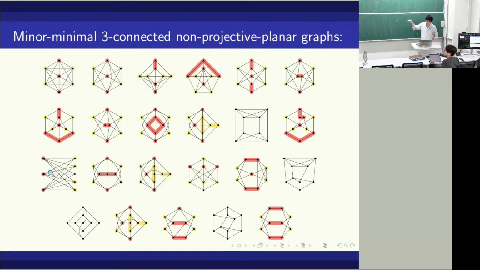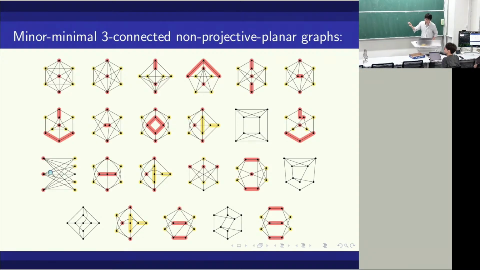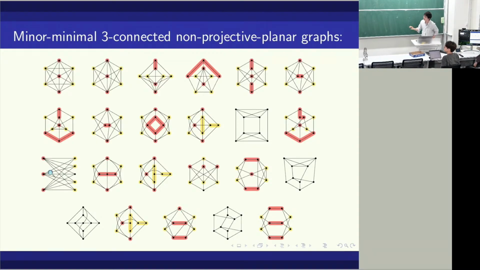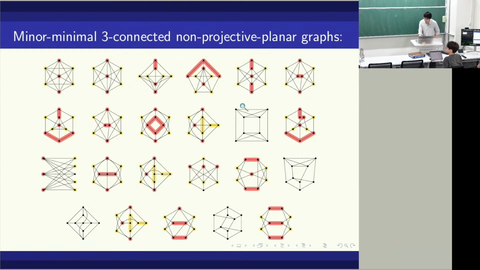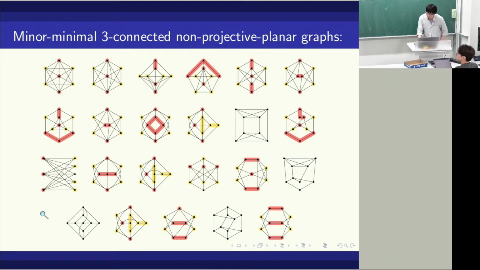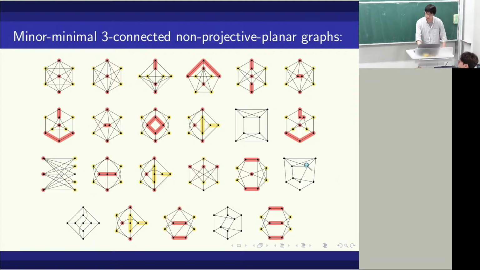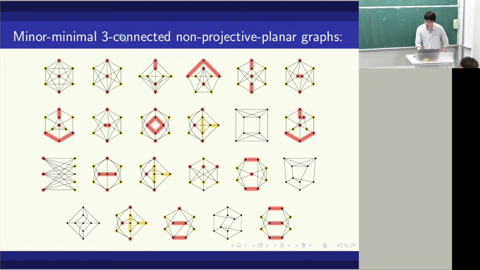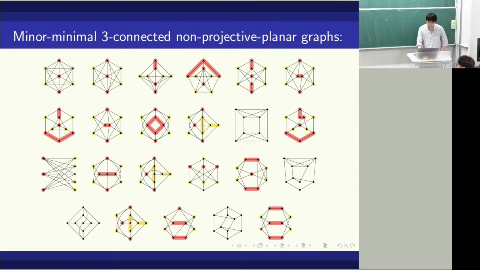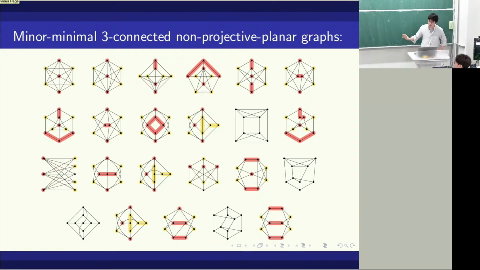We can see that there are 23 graphs, and many of them already have a K34 minor. There are only 4 exceptions: this one, this, and this. Only these 4 graphs have no K34. Therefore, we can conclude that our 4-connected non-Hamiltonian graph must contain a minor of one of these.